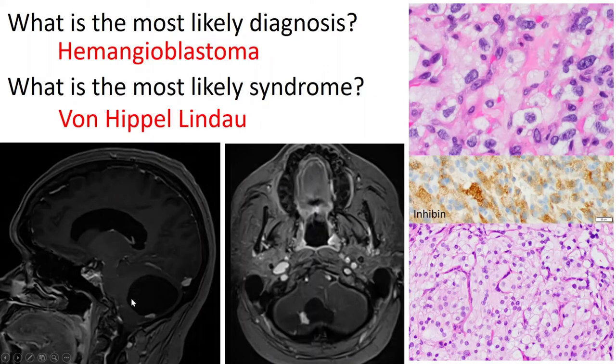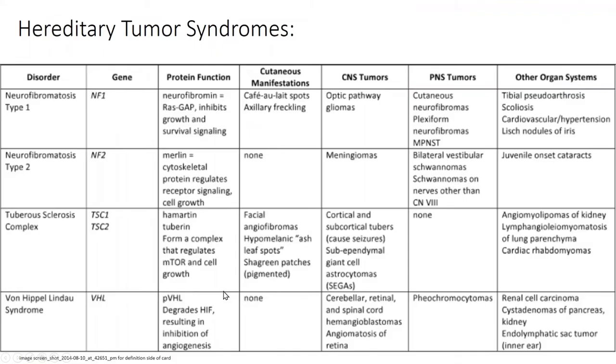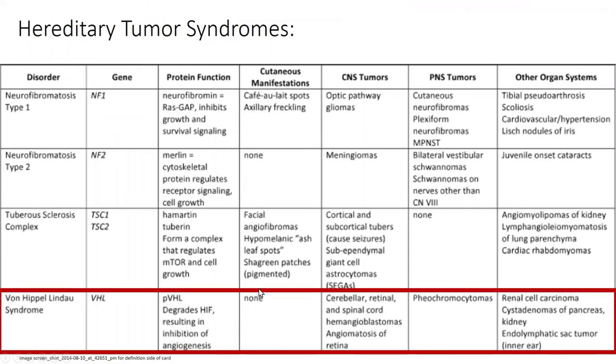Now, this can cause increased intracranial symptoms, but the actual tumor itself is very small. The issue arises when the cyst gets big. So usually it's the cyst that creates the issue, but the tumor itself is actually very small. What we look for is that what's going to kill the patient is going to be the renal cell carcinoma.